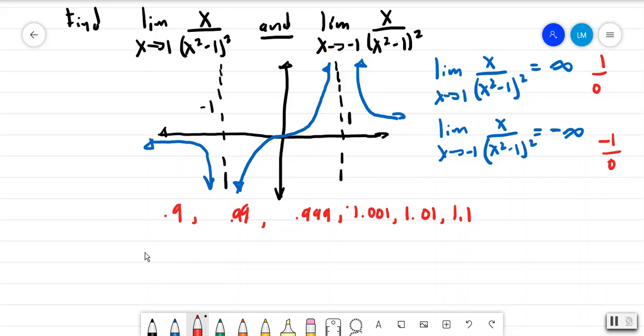You would have negative 1.1, negative 1.01, negative 1.001, negative 0.999, and negative 0.9, and then you would just be plugging these into this function, and you would see that they approach infinity and negative infinity respectively.